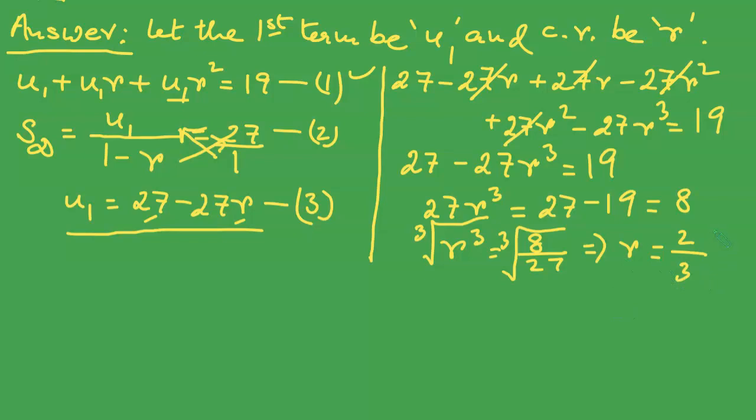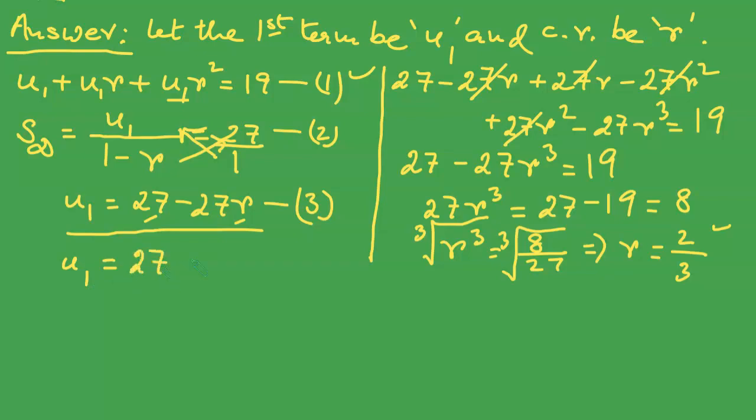R is equal to 2 over 3, which is greater than negative 1 and less than positive 1 and is not equal to 0. Therefore, this is the correct value of R. Now we have to find the value of the first term or U1. For this we come over here and we will be just substituting the value of R in this equation.